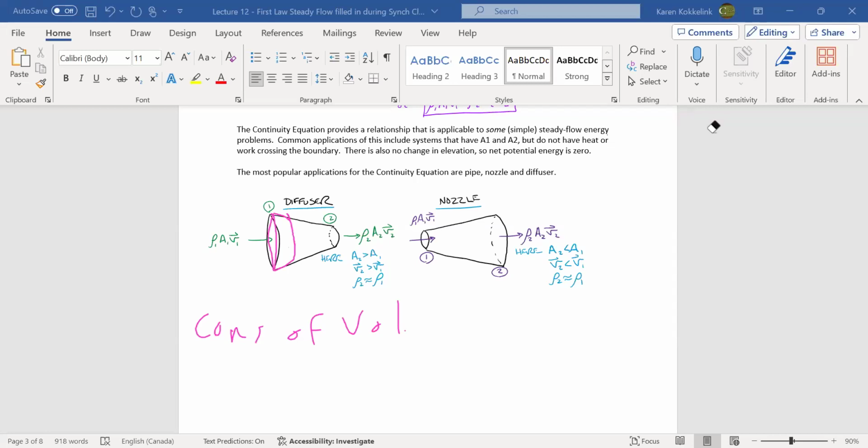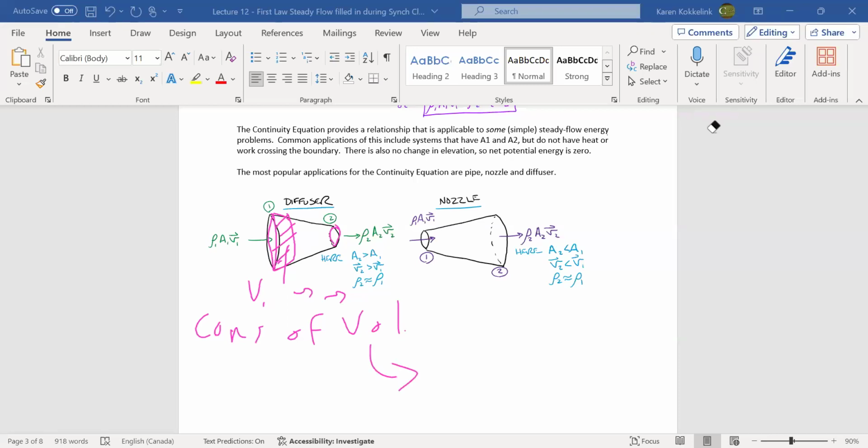So if this is like volume V1, and it's like a hockey puck kind of shape of fluid that I've pulled out of there, okay? Well, now that has to move along the tube, but that same amount of volume has to now fit in this area that's really, really small.